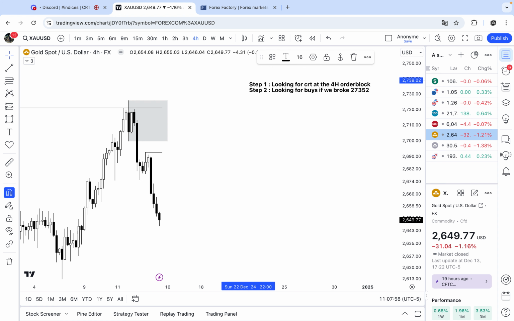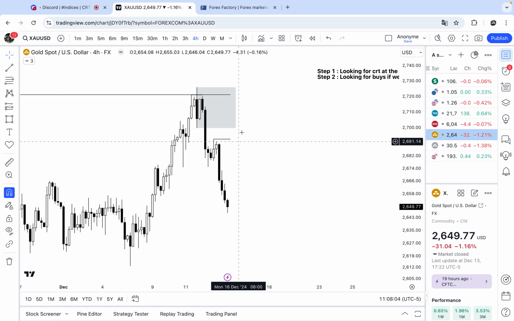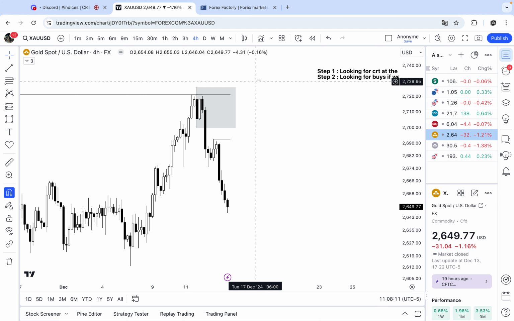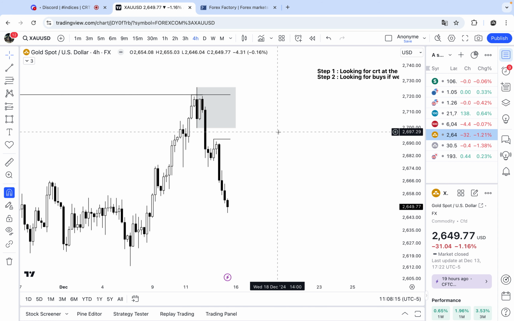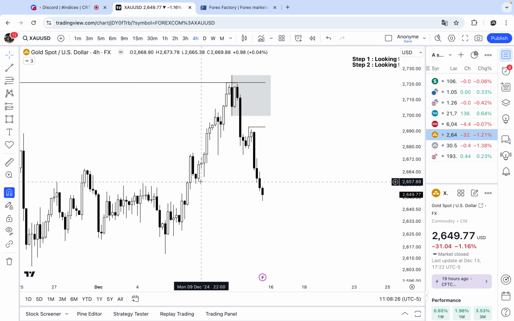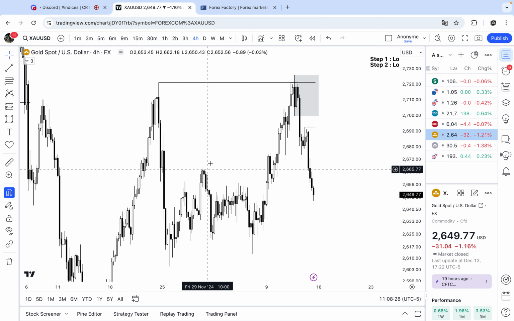So if we have a big candle breaking out of this one, I will look for buys. If not, if I see a CRT here, then I will position myself. And this is what market structure is made for.